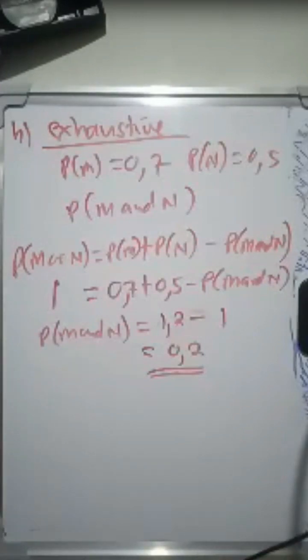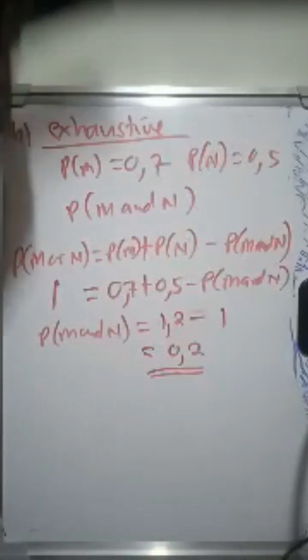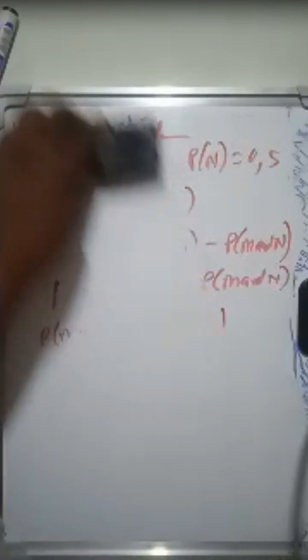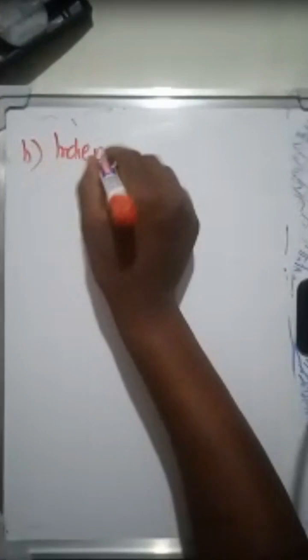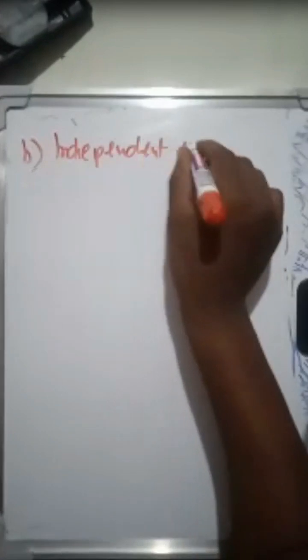The other exercise is written exercise number 2. Let's go to exercise number 2. Okay. On exercise number 2, number B. Let's do number B. Given two independent events, A and B. Here, the keyword is we are given that they are independent events.